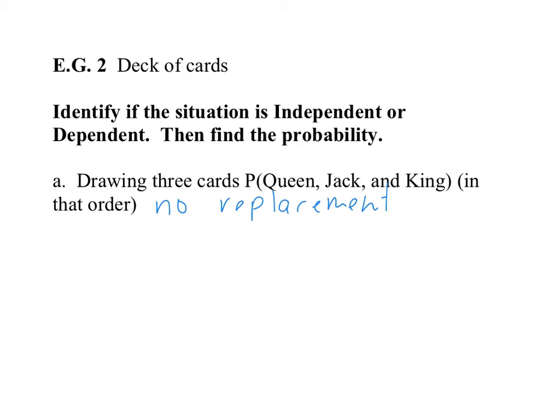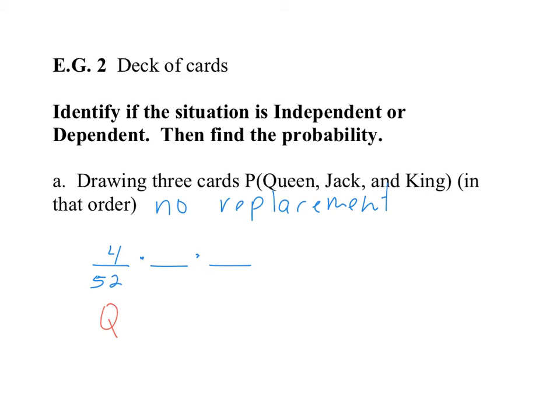We are drawing 3 cards, so we're going to have 3 multiplying fractions, and we start with a total of 52 cards. For the queen, there are 4 queens in the deck of cards, so 4 out of 52 is the chance for drawing a queen.